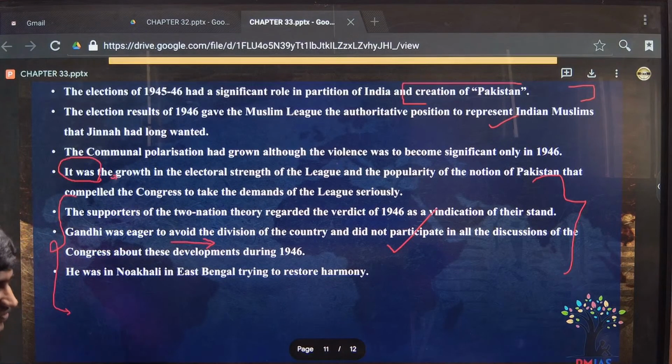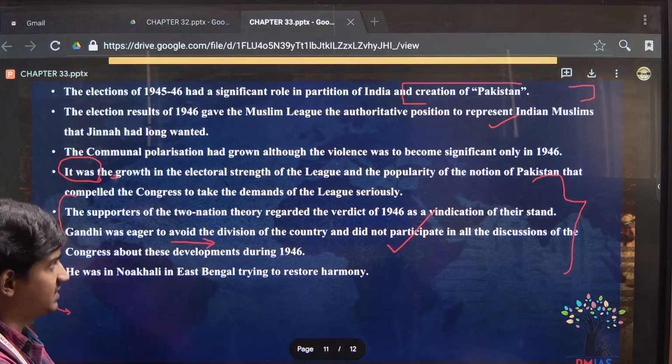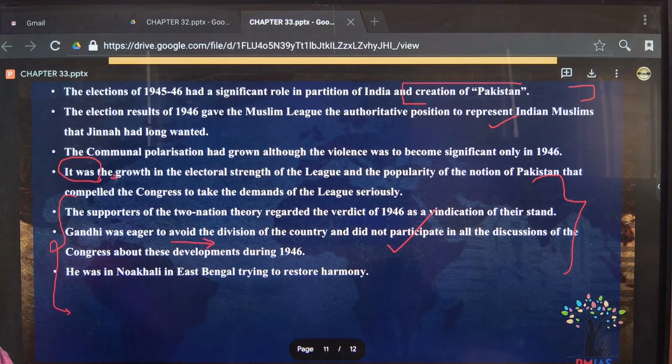So the 1945 and 46 election played a significant role in the partition of India and Pakistan. After the election, as I said, the Muslim League conducted a plebiscite, and most of the persons voted for the separate state, that is, they were in favor of the two nation theory.